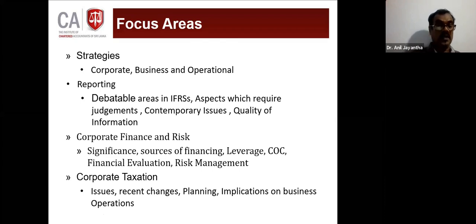Corporate taxation I already explained to you: current issues, recent changes, tax planning versus tax evasion, implication on business operations, and the government policy changes also will have to be taken into account. So if government changes tax policies very often, how are we going to deal with these things? That can be addressed in this kind of case, unseen and preseen.